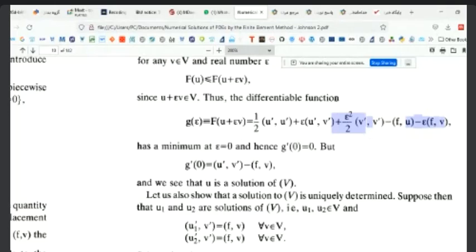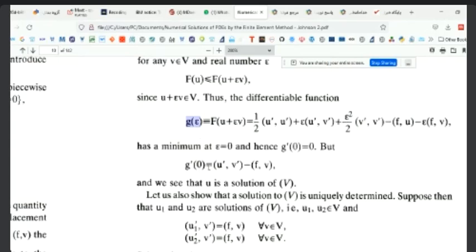The fact is that this function has the minimum when epsilon gets to 0, and in this case, the G prime of a differentiable function at its minimum is equal to 0.